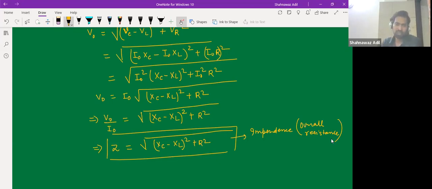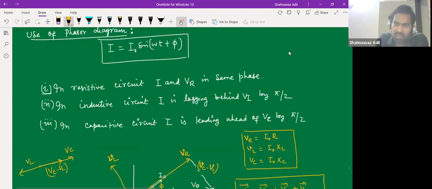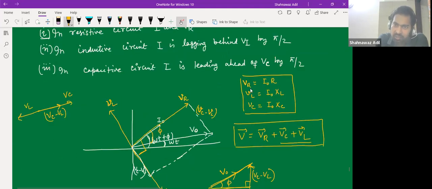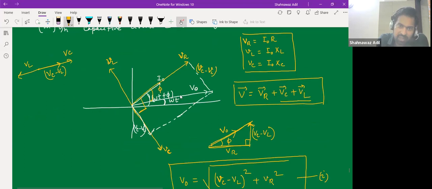No, sir. Right? So we have to just remember that these are the voltages and these are the current in resistive, inductive, and capacitive circuit. And we have this current and resistance in the same phase. And in inductance, voltage is ahead by 90 degrees, current is lagging by 90.